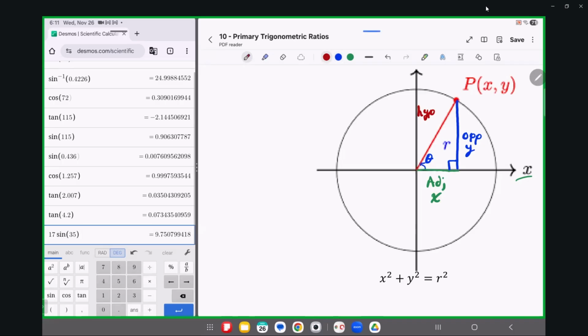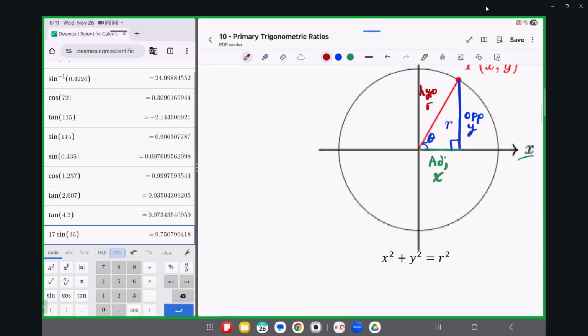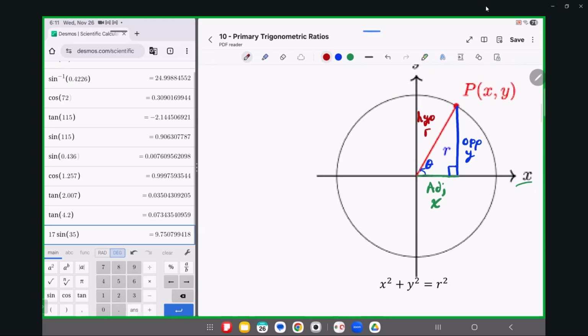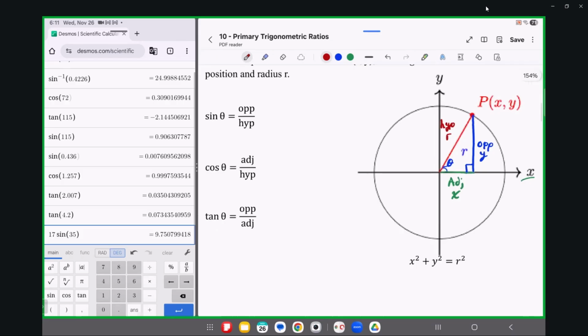We can claim that the radius is r for radius, but in reality, the radius is governed by the Pythagorean theorem. So if we take x squared plus y squared, that gives us r squared. This is the basic formula for the Pythagorean theorem, but now we're going to apply it to a triangle. Given a particular point on the triangle, P, which is x comma y, the x component is your adjacent, the y component is the opposite, and the hypotenuse is r.